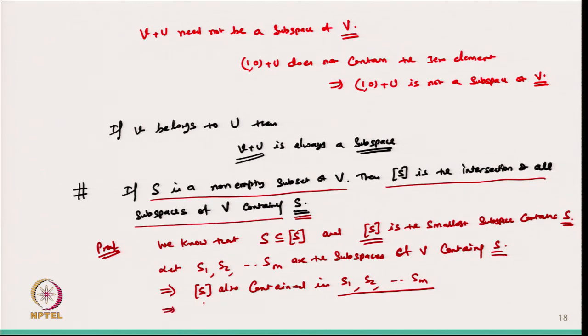And from here I can say that span S will also belong to S1 intersection S2 intersection S3 intersection up to Sm. So, this will be contained in the intersection of all of these. That is just what we wanted to show.